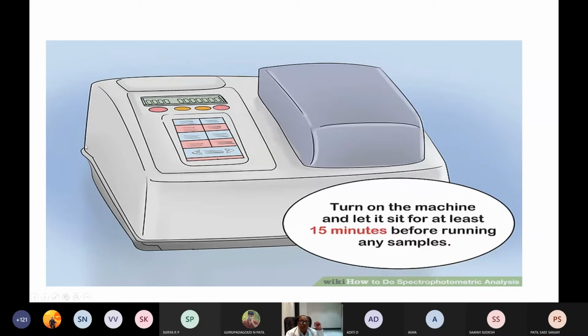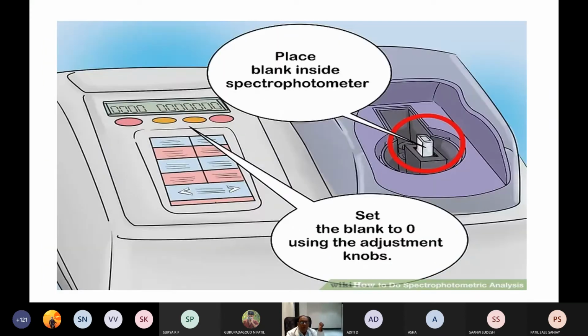So first you start and keep it for 15 minutes in the on position. Very first basic thing. Then place a blank in the spectrophotometer. For everything they will provide the buttons and guidelines. Once the blank is kept, you have to set the blank to 0 by adjusting the knobs.